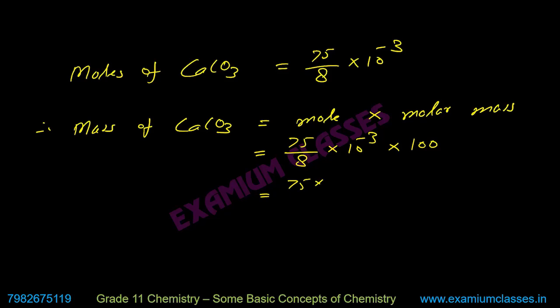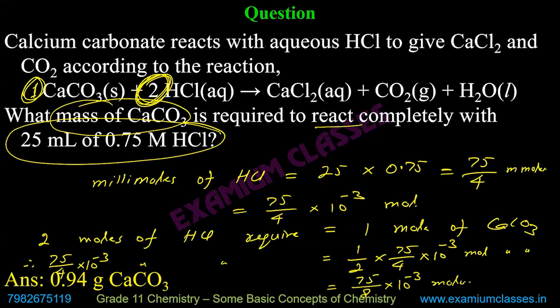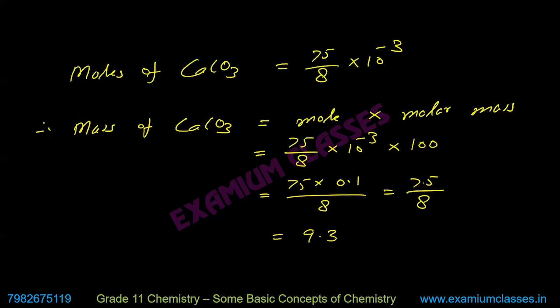That is 75 into 0.1 divided by 8, that is 7.5 divided by 8. 8 9s are 72, 8 3s are 24. It should be 9.3 something.